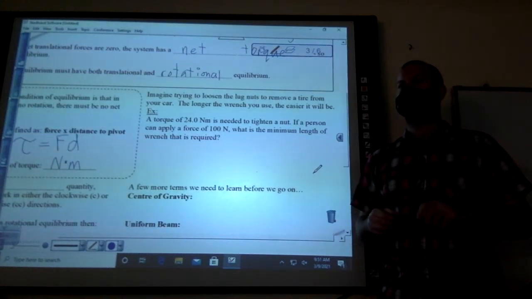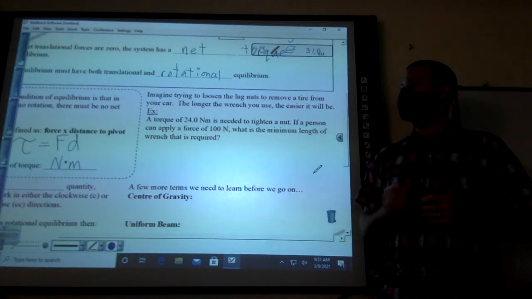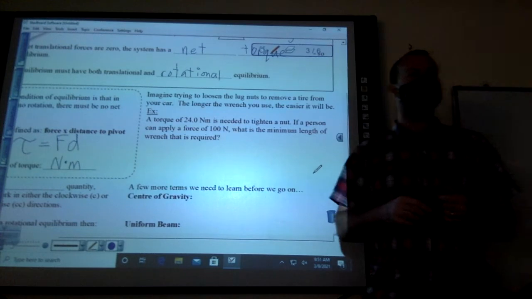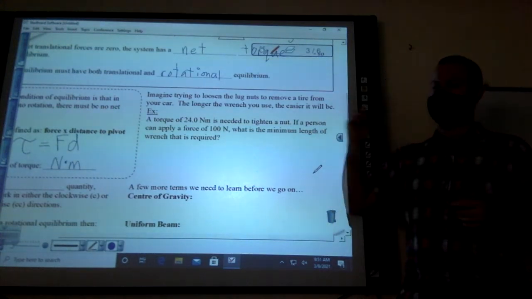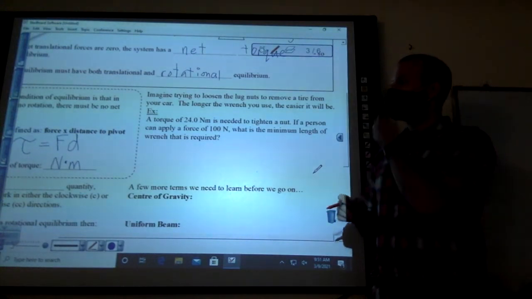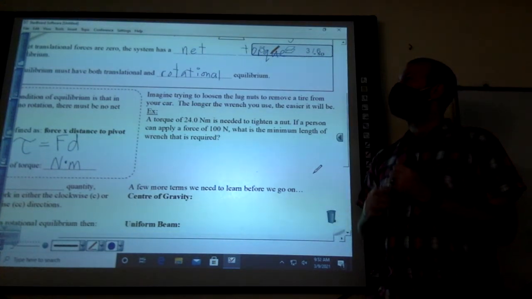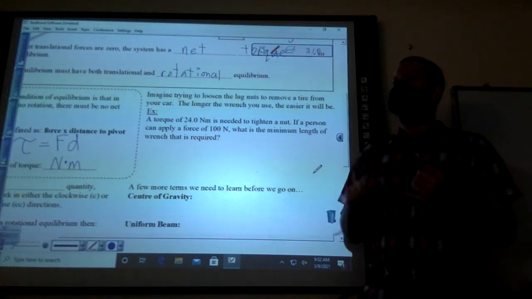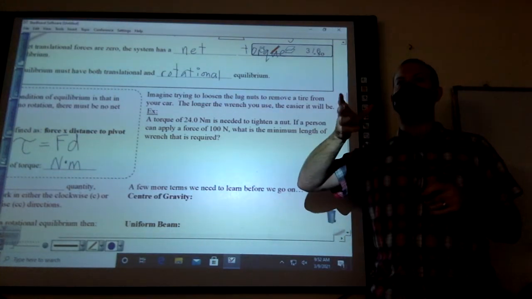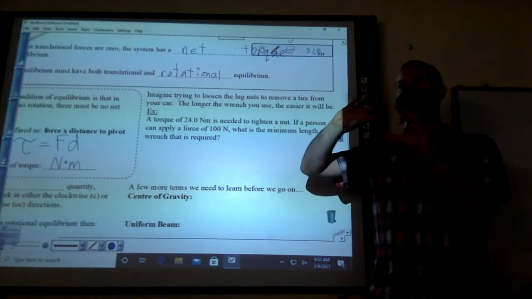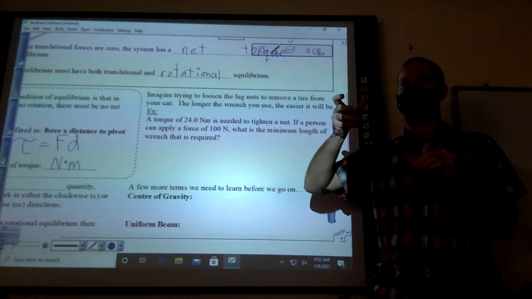Going back to cars, like you said in the beginning of class, that if you want more torque, would you have longer, bigger tires? Yes. Bigger tires do give you more torque, yeah. Mass is not a part of this, no. But if you think about it, your car is able to apply a certain amount of torque on the wheels because it all starts with the rotation of the axles to get your car spinning, right?